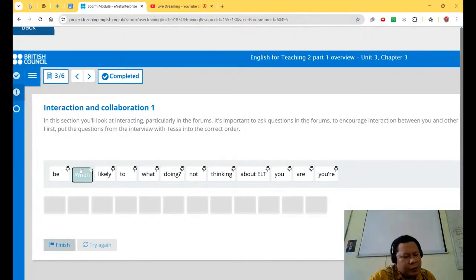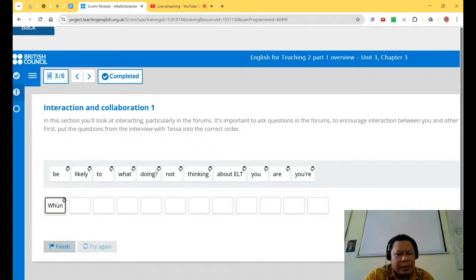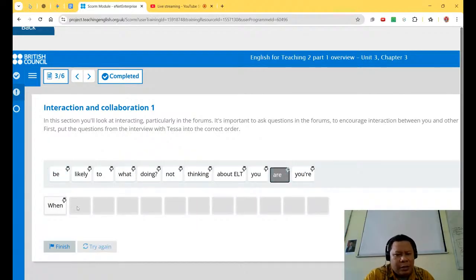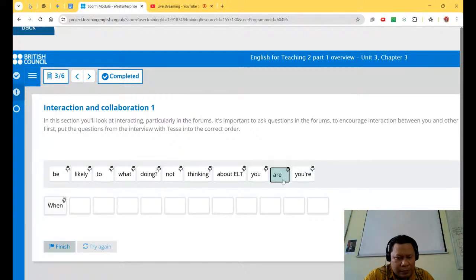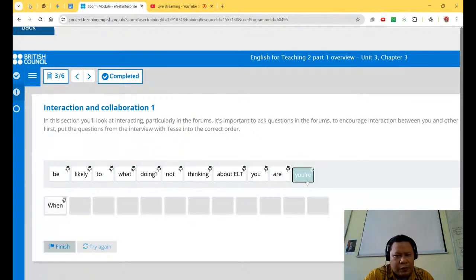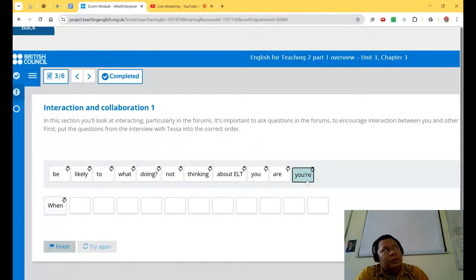Now let's use the question word when, kapan. And then the auxiliary. When is the auxiliary? When be, is it are? Oh, I think this is not the question word, but the conjunction. The question word should be what, because we have what here in the middle of the sentence.